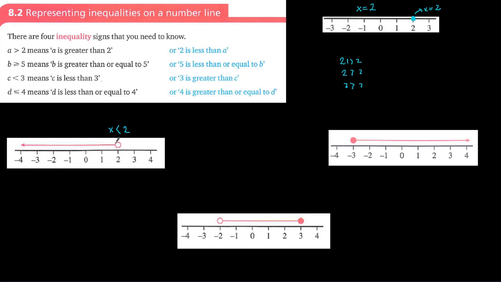So when you have an open circle, you are going to use the greater than or less than sign. But if your circle is closed, it means that you are going to use the greater or equal to, or less or equal to signs. Okay, it should be like this.